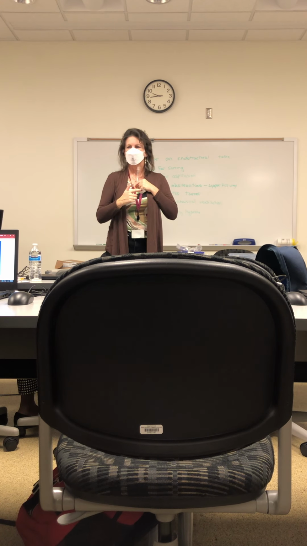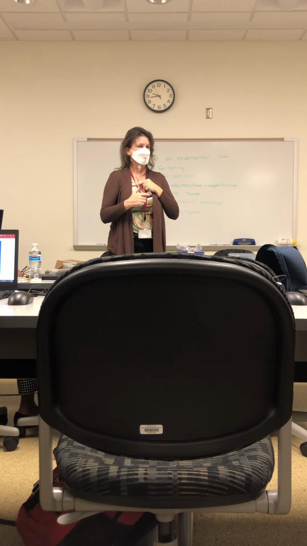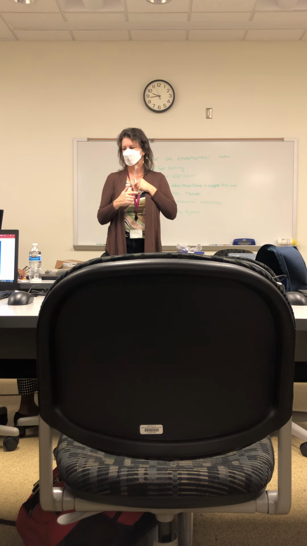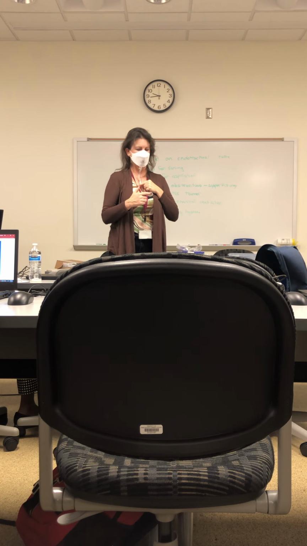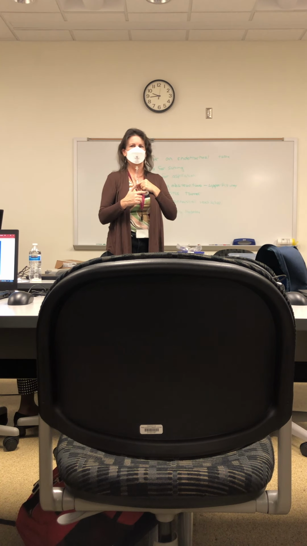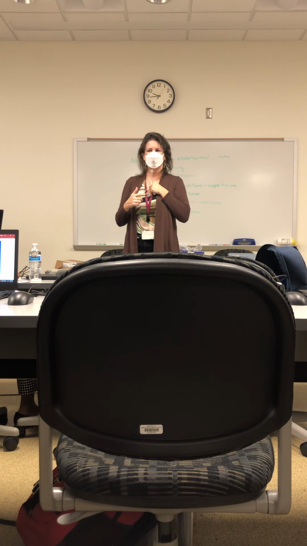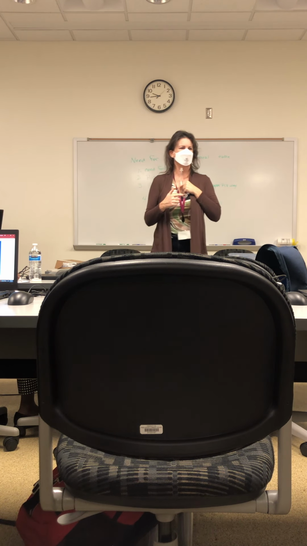So why do we need a hole on the side? It's called a Murphy's eye, the hole on the side. Why do you think we need that? Why is there an extra orifice on the side? Orifice is opening.